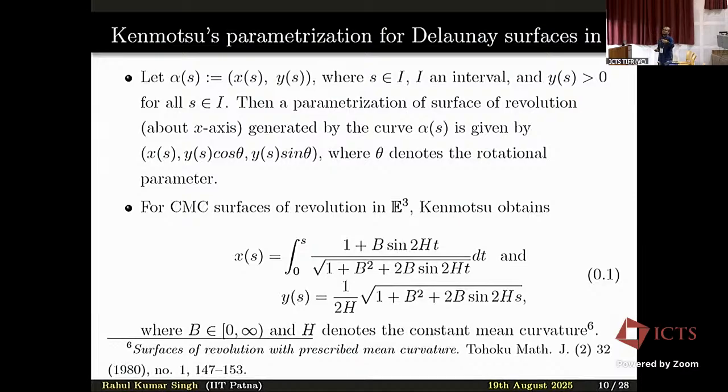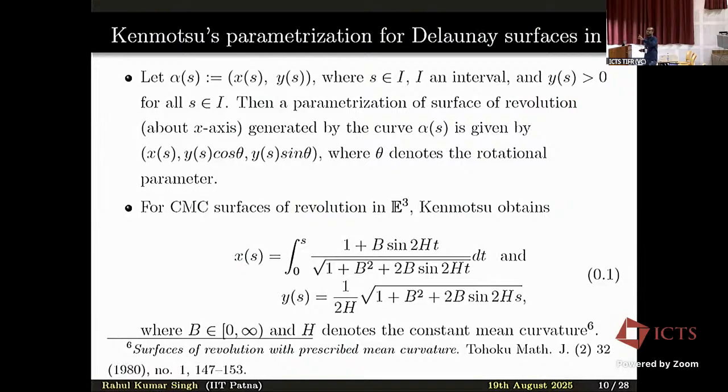For instance, when b is equal to 0, you will get a line parallel to the y-axis. The y coordinate will be constant, 1 by 2h, when b is 0. So for b equal to 0, you are seeing a cylinder, which is a CMC surface of revolution.